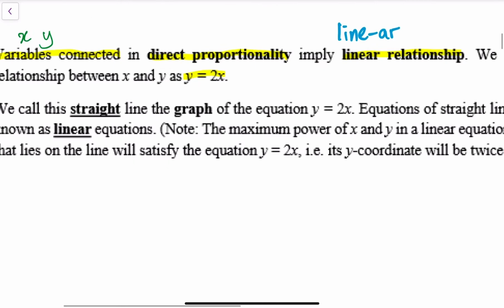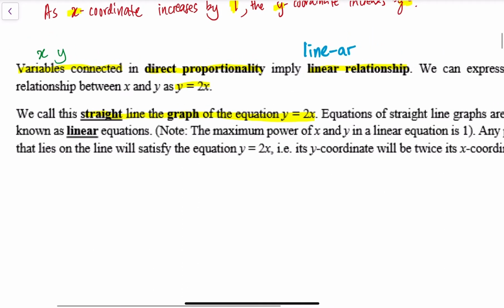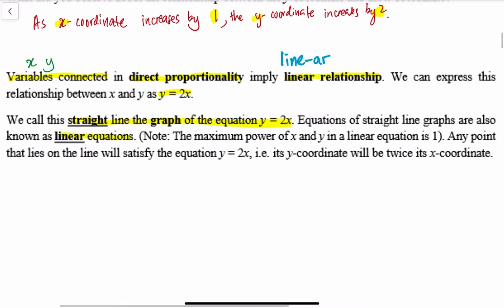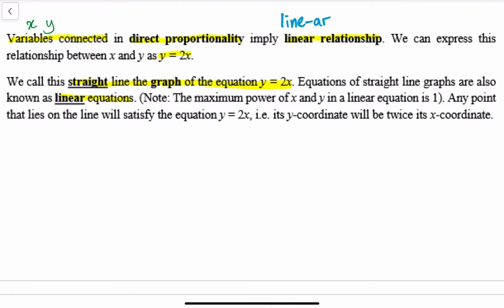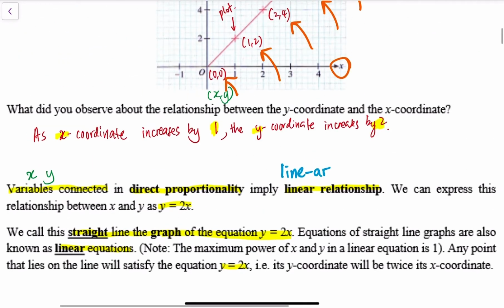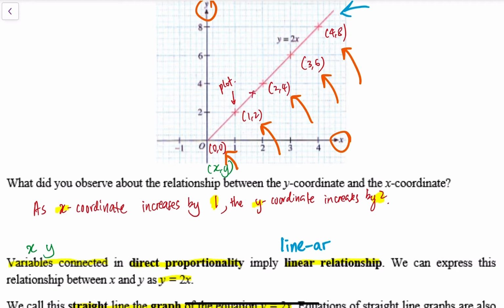So we call this straight line the graph of the equation y equals 2x. Such a straight line graph, we call a linear equation. Any point on the line will satisfy the equation y equals 2x. As long as I can plot a point that lies on this line, then I will say that this point is correct, because it is valid for this equation.